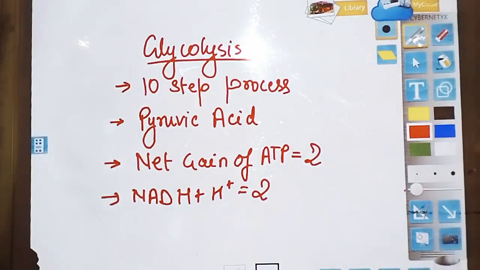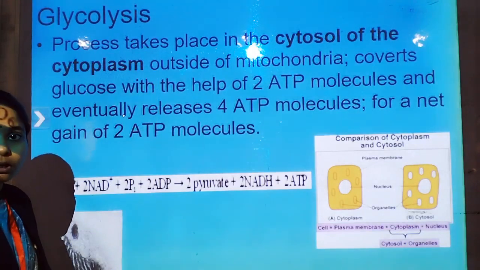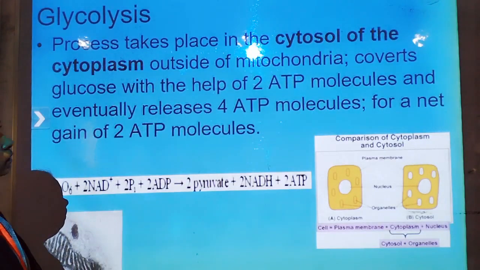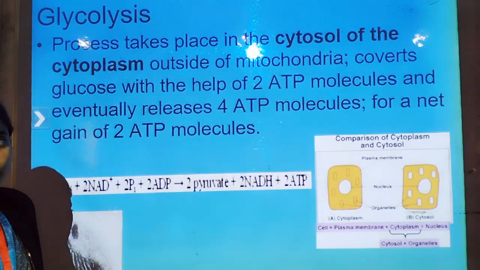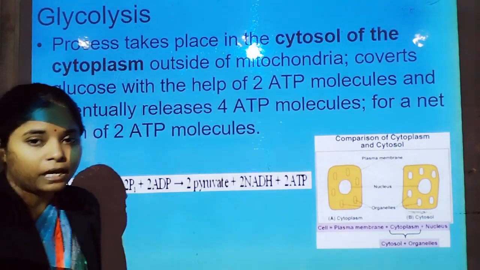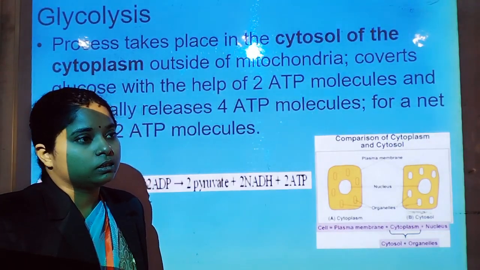Now let us move to the PPT, where we are going to discuss step by step. Glycolysis is carried out in the cytosol of the cytoplasm, outside of the mitochondria, because in the mitochondria only aerobic respiration takes place, in the presence of oxygen.